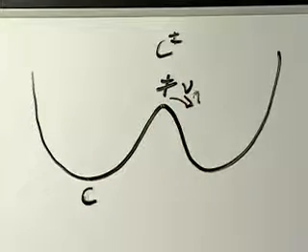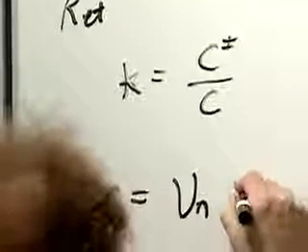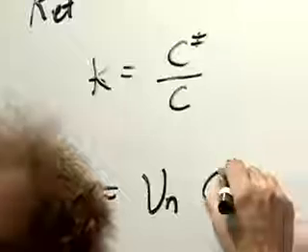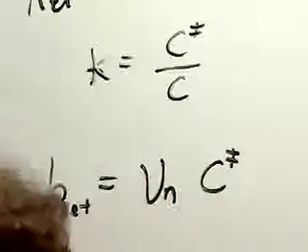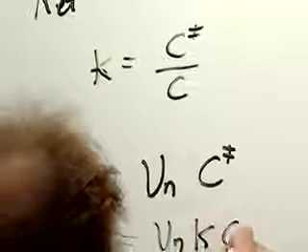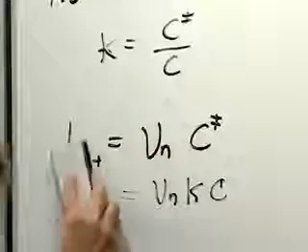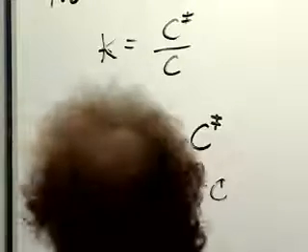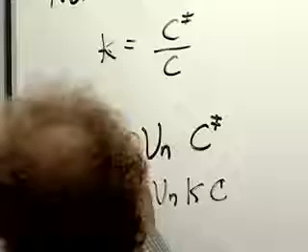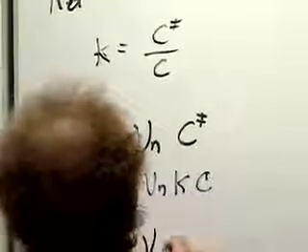And so my rate is going to be nu n times C star, and that's going to be nu n K. This isn't my rate constant, this is my total rate.